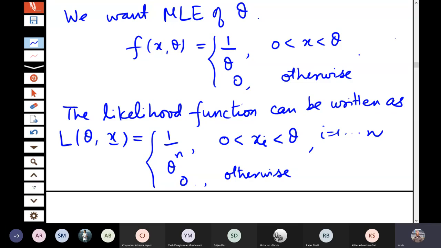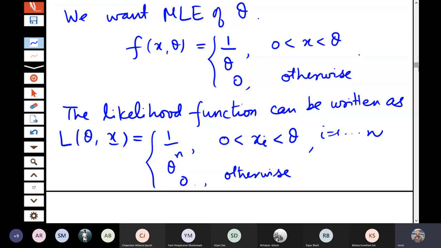Can you follow this step, the likelihood function? Yes, sir. Can you hear me? Yes, sir. So can you follow this likelihood function? Yes, sir.